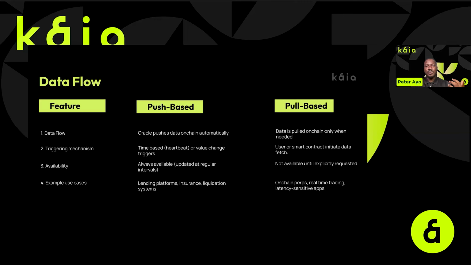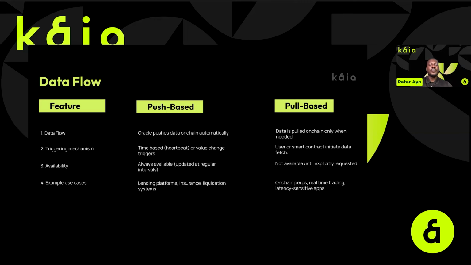Now, a push-based Oracle is always available because it is updated at regular intervals. A pull-based Oracle is not available until explicitly requested. Now, I mentioned that it basically computes data off-chain, and it is only when it is needed, that is when it is being requested.